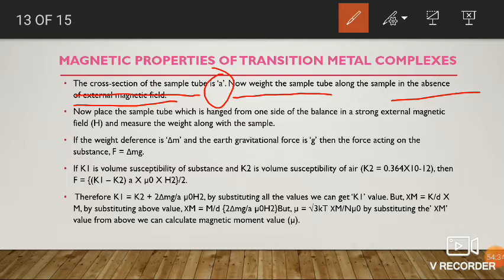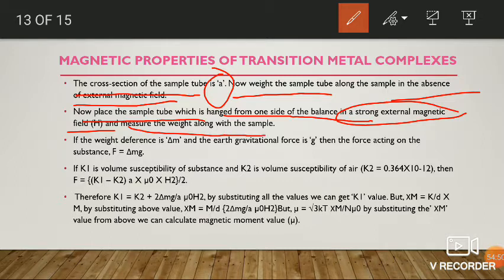Now, place this sample tube, which is hung from one side of the Gouy balance, in a strong magnetic field of strength H, and measure the weight along with the sample.